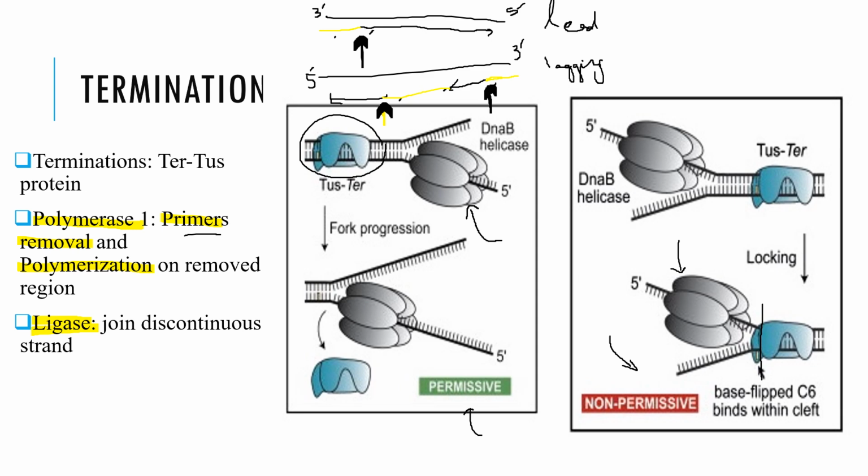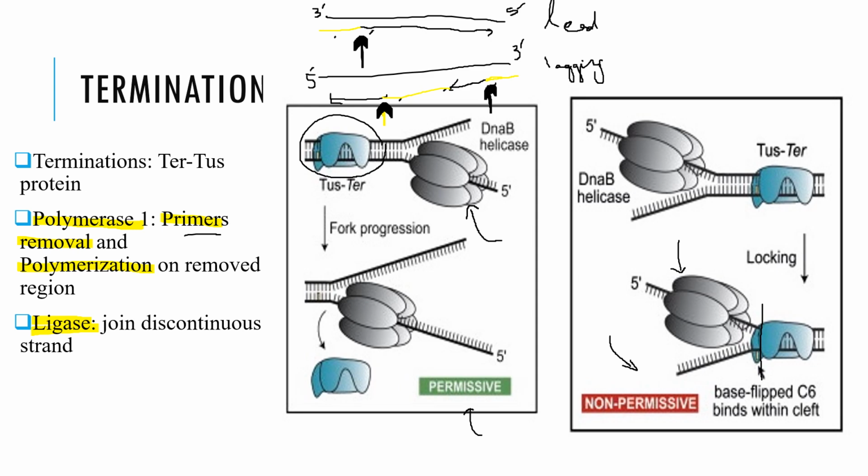And the next step is the primase activity, and in case of prokaryotes, the primase activity is performed by DnaG, and DnaG is responsible for primer formation, and after forming the primer, a 3' hydroxyl group is available for the polymerization process by DNA polymerase 3. When the DNA replication is about to complete, there is the Ter region, that is the termination protein. Now the Tus proteins are non-permissive, they will not leave the DNA strand.